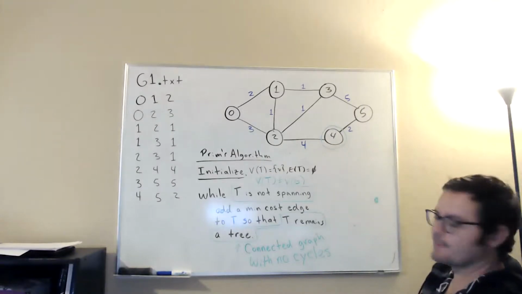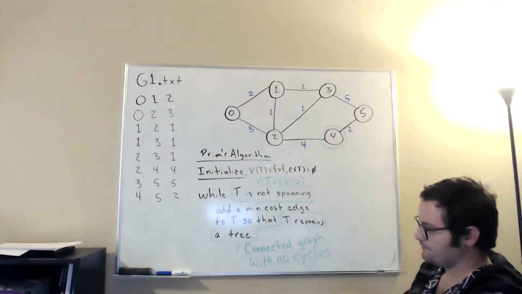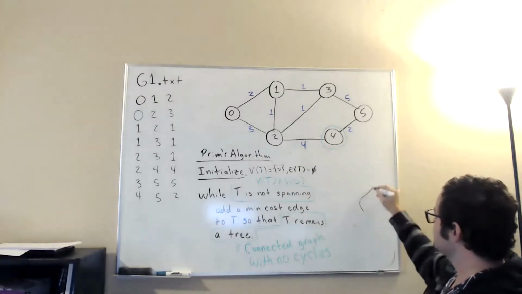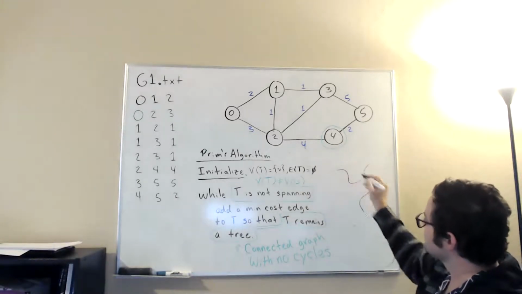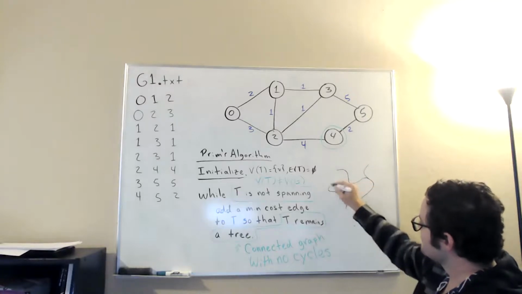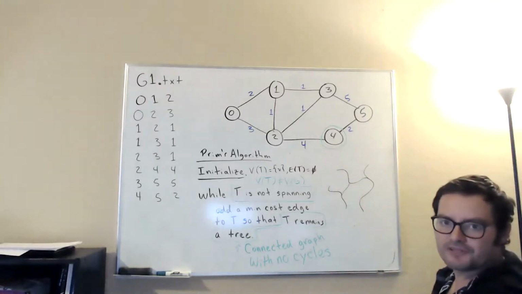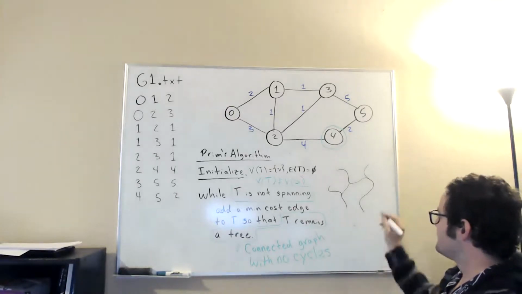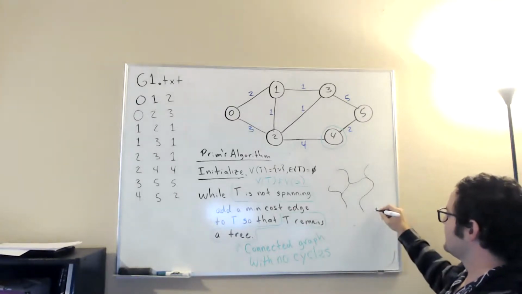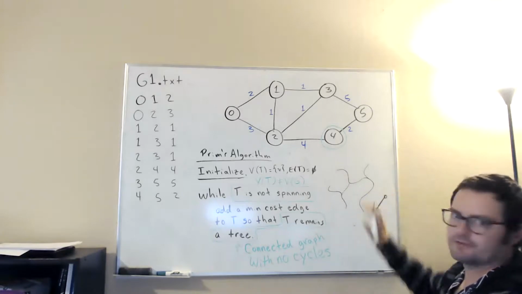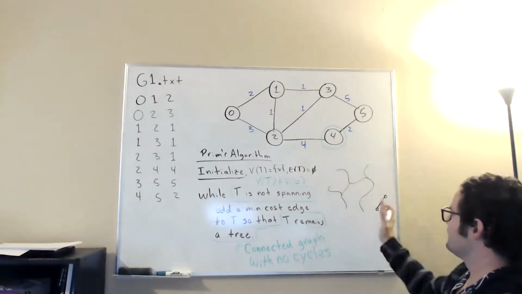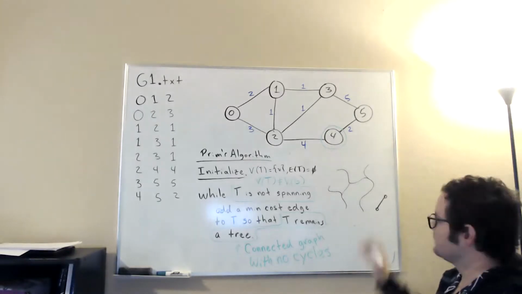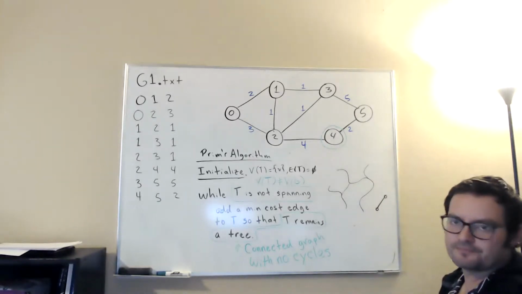Okay? In general, though, there's a more general rule. If we're building some tree, that's our tree, and there's an edge that we want to add that has both endpoints outside of the tree, then if we add that, we get a disconnected graph. So we don't need to consider edges that don't have endpoints in the tree.